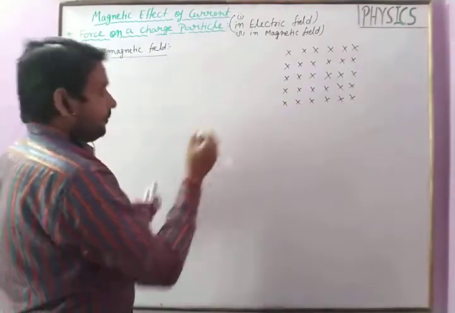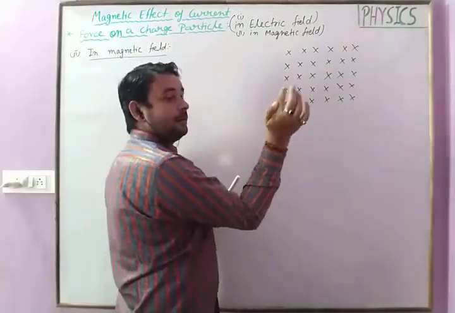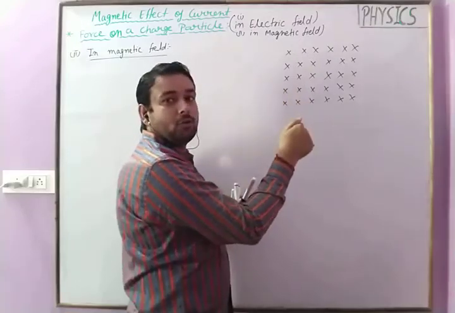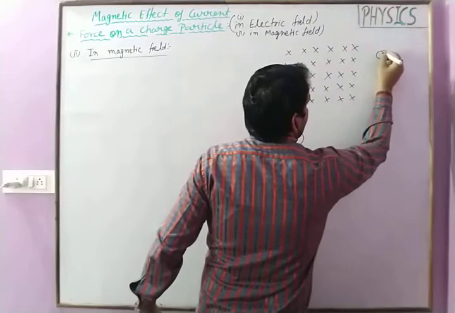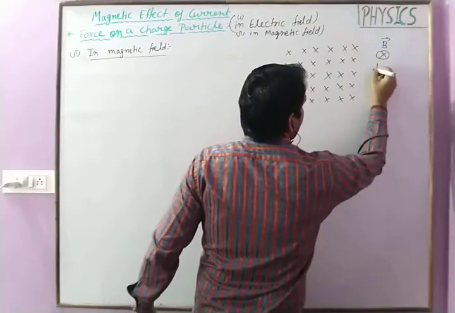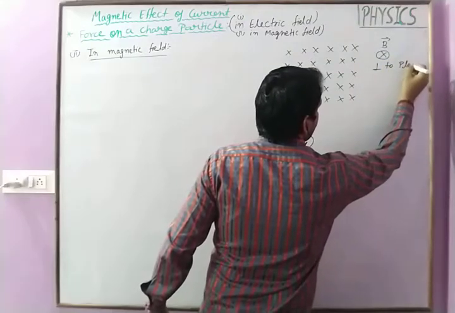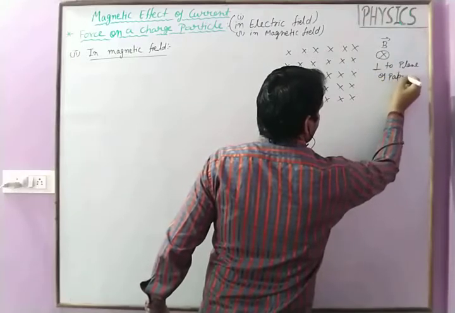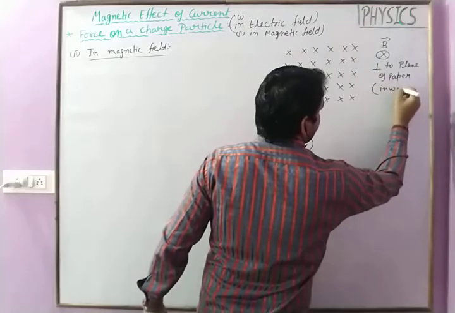The magnetic field is called inward, or perpendicular to the plane of paper, inward direction. Okay, this is a magnetic field perpendicular to the plane of paper, inward field.